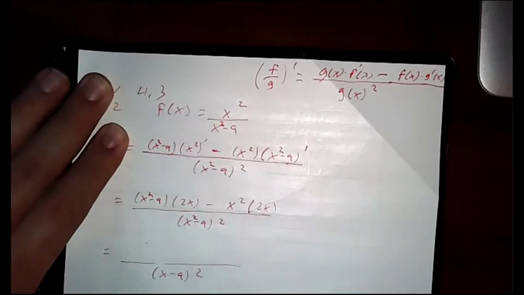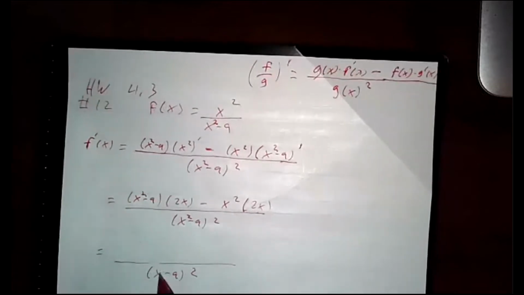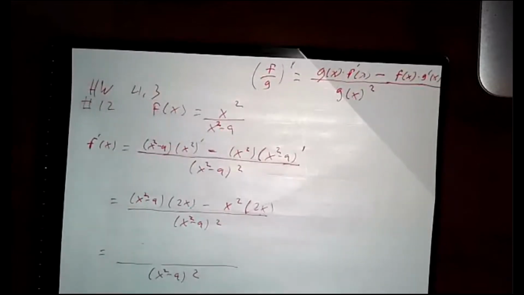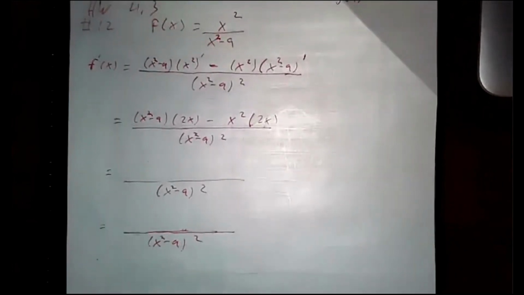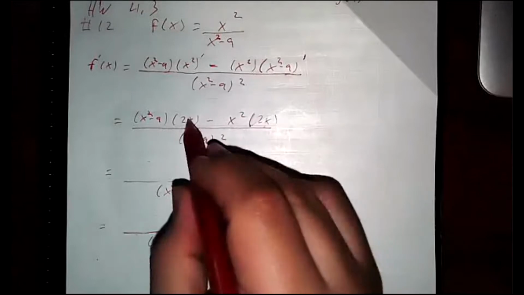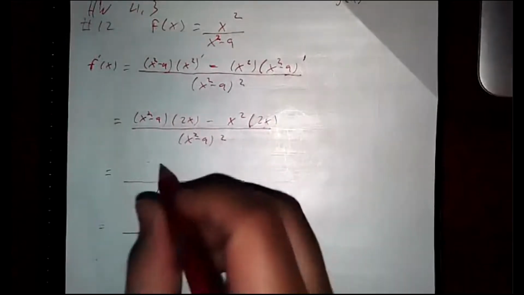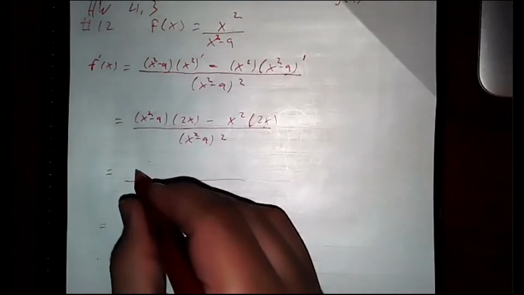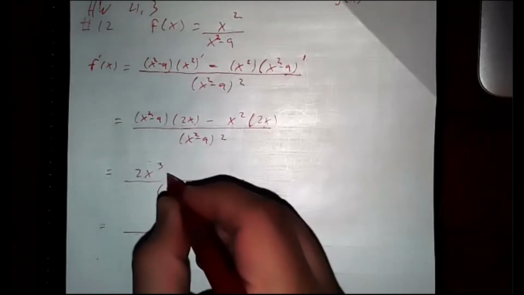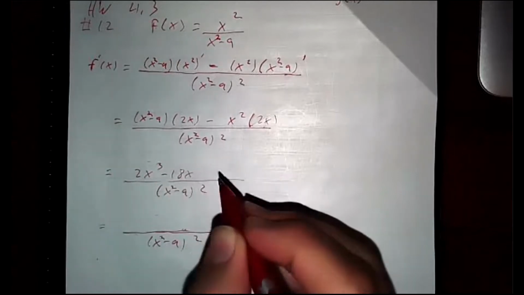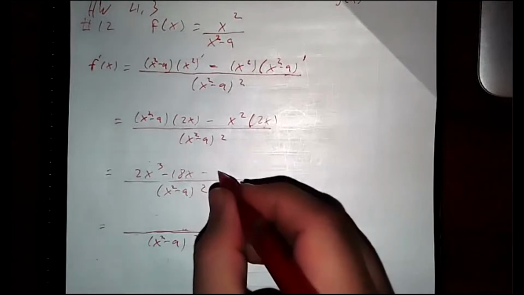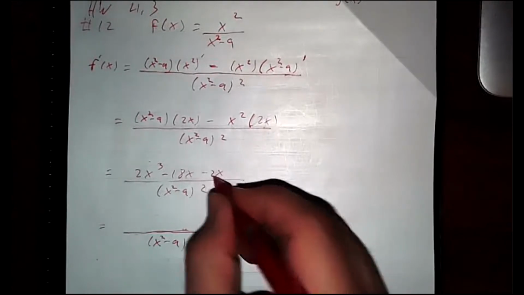Okay, let's try this again. So there's a 2 here, 2 there. All right, so we'll FOIL this out correctly this time. 2x times those two would actually be 2x cubed minus 18x minus x, 2x cubed.